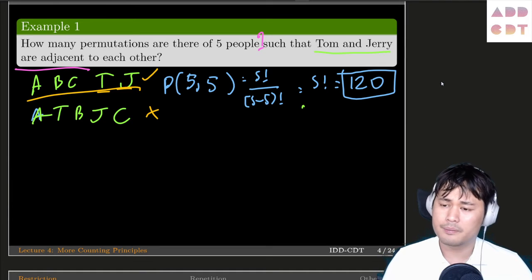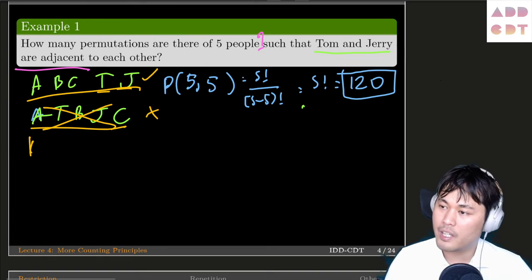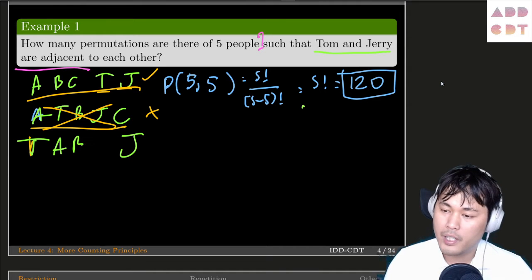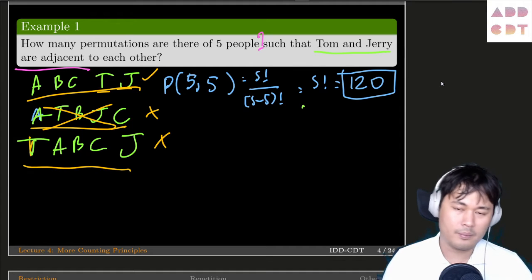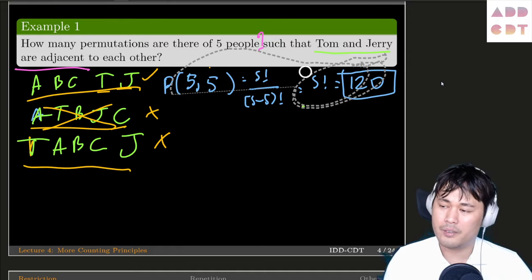That means we don't include it in the number for this answer. You can also have Tom and Jerry on opposite ends, and again that's not what we want. You want them to be adjacent, and so we cannot just say 120.